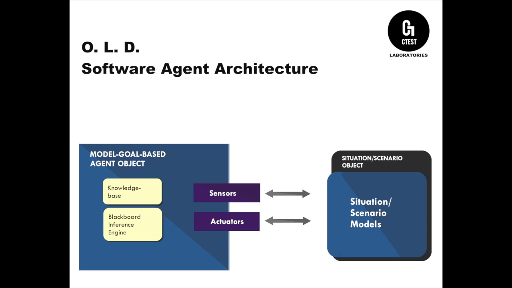So we model that real world as much as possible. And so that gives us our old software agent architecture. And again, sorry for those of you that are looking for neural networks and those kinds of things. We're not going down that road. We do, however, have a knowledge base for our robots.